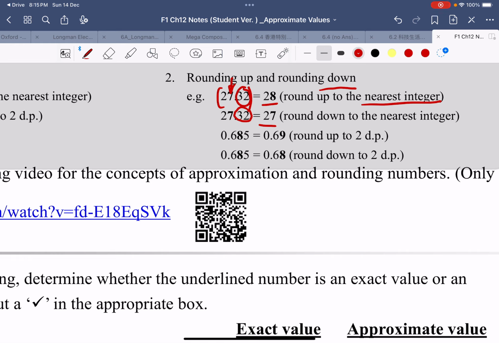If you round up to some decimal place, you count decimal places. Round up to 2 decimal places means after this decimal point, you count 1, 2, so up to this place value, this 8, you need to round up after this 8. So the number goes up by 1, and the 8 becomes 9.